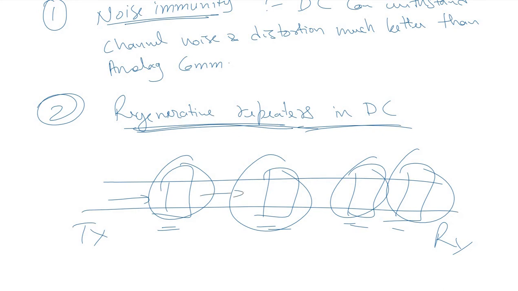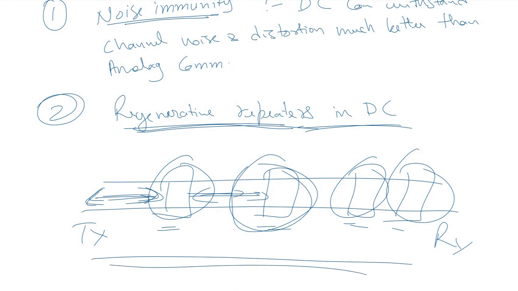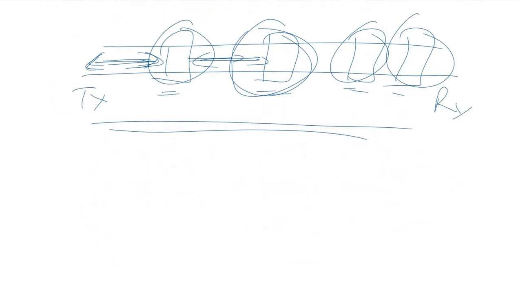So the effect of the noise in this region of the channel can be overcome. Similarly, the effect of noise in this region will be overcome due to this station. These regenerative stations are possible only in digital communication. That is one of the biggest advantages of digital communication.